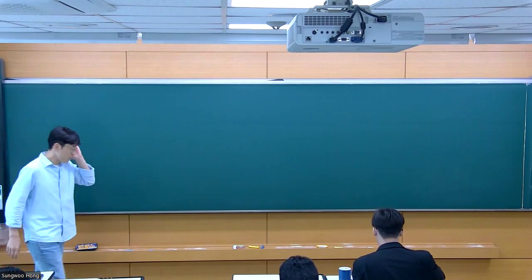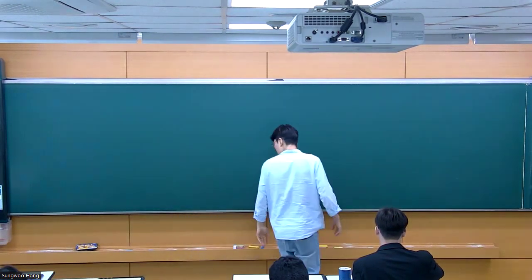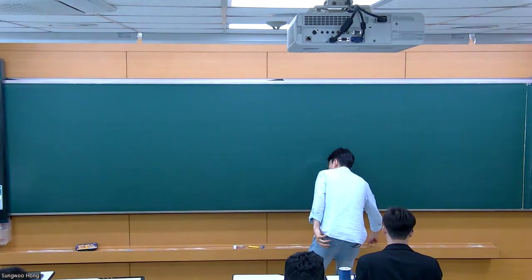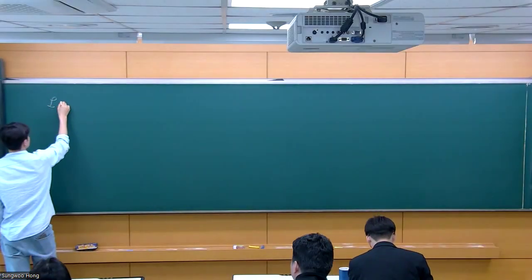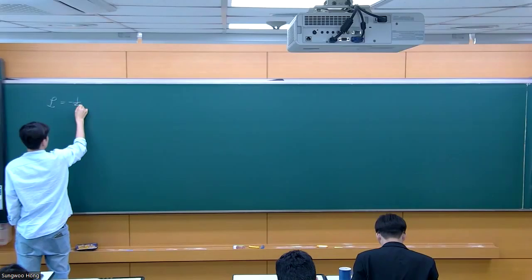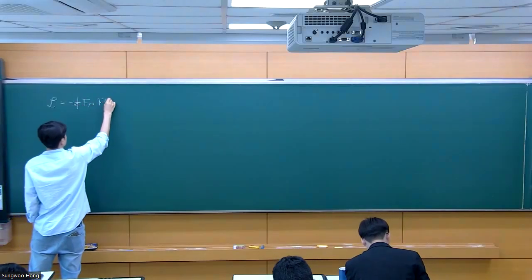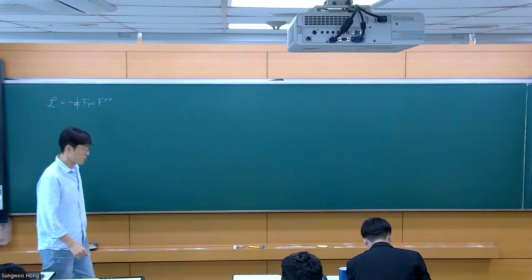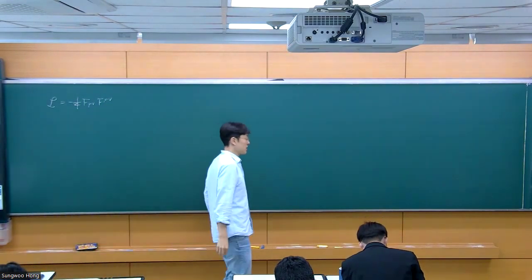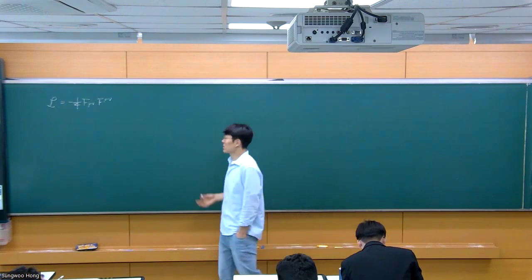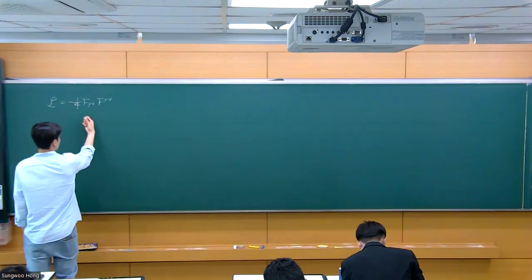So last time we discussed that if we want to consider massless spin one, or massless vector field theory, the Lagrangian takes this form. We started by building up the massive theory first, and then set the mass parameter to 0 to get that.